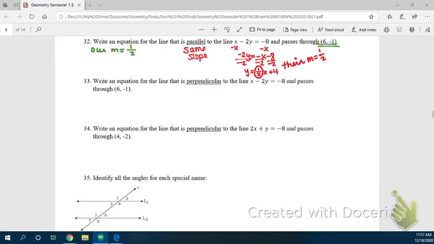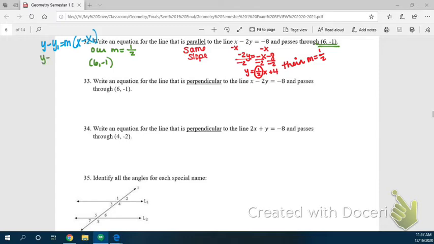And then we're using the point 6, -1. To answer this, we're going to need our point slope formula, which is y minus y1 equals m times x minus x1. And so I'm going to plug that information in.